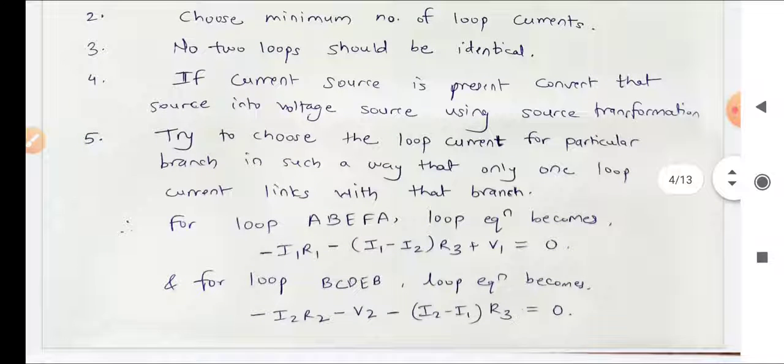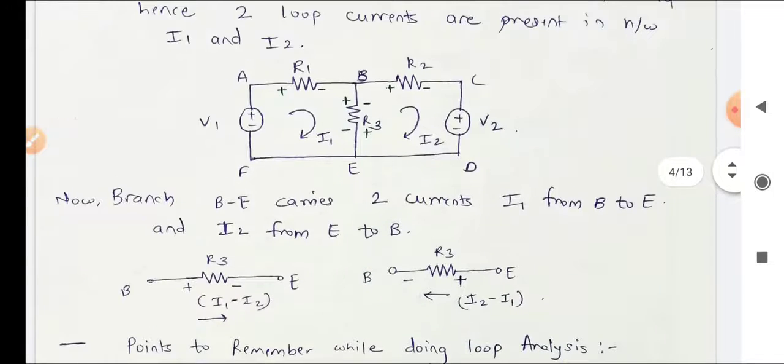Now we are going to write the equation for each loop. First of all, we'll consider loop 1, A, B, E, F, A, as we have already given the sign conventions, so that we can get the potential drop and potential rise in that particular loop.